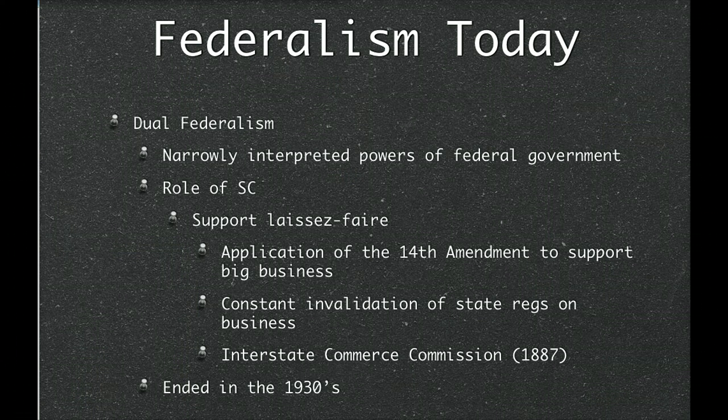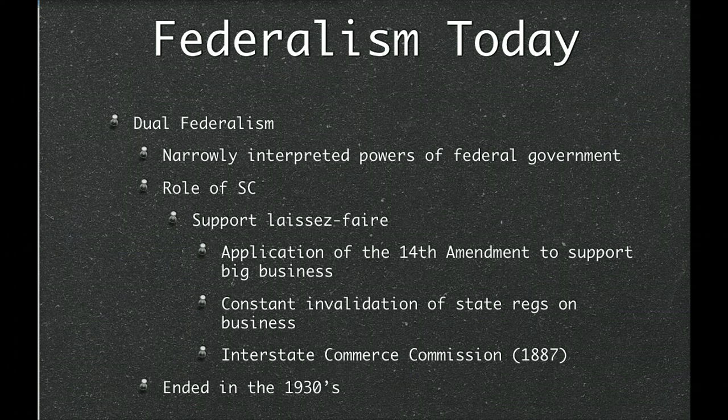So during this era, during this short era of 1929 to 1937, the state and federal government cooperated in solving the common complex problems that were ushered in by the Great Depression.